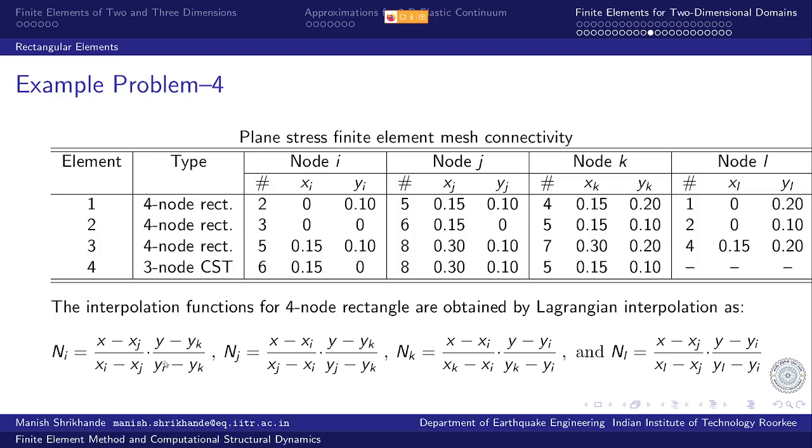Right. So for the 4-node rectangle, the nodes I, J, K and L. Let me just go back.